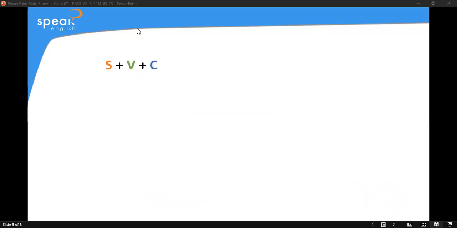So we have the normal sentences, okay? This is the structure for a normal sentence. Subject, verb, complement. And if you want to add an object pronoun, this should be part of the complement. Okay, so you can have a normal complement or a complement with an object pronoun.